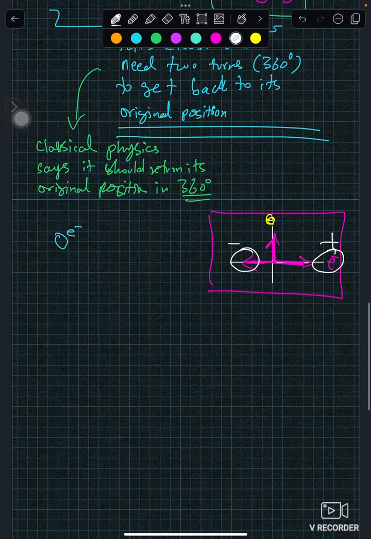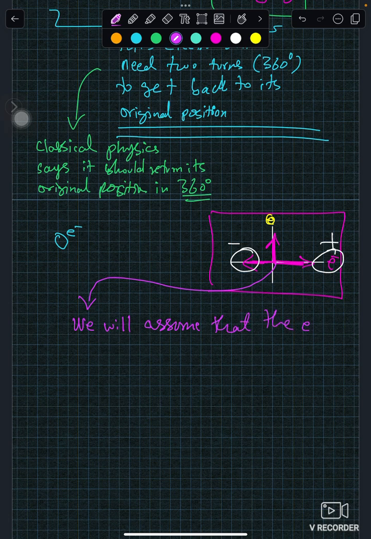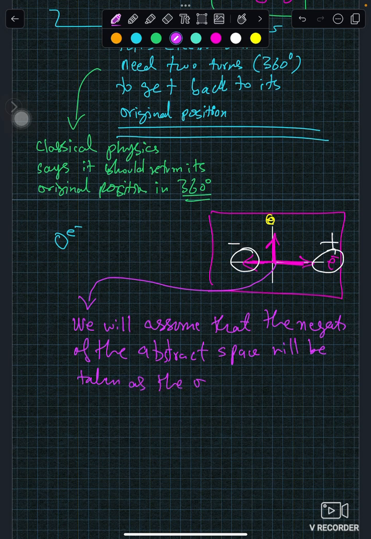So what we will do is assume that the negative of the abstract space will be taken as the original.